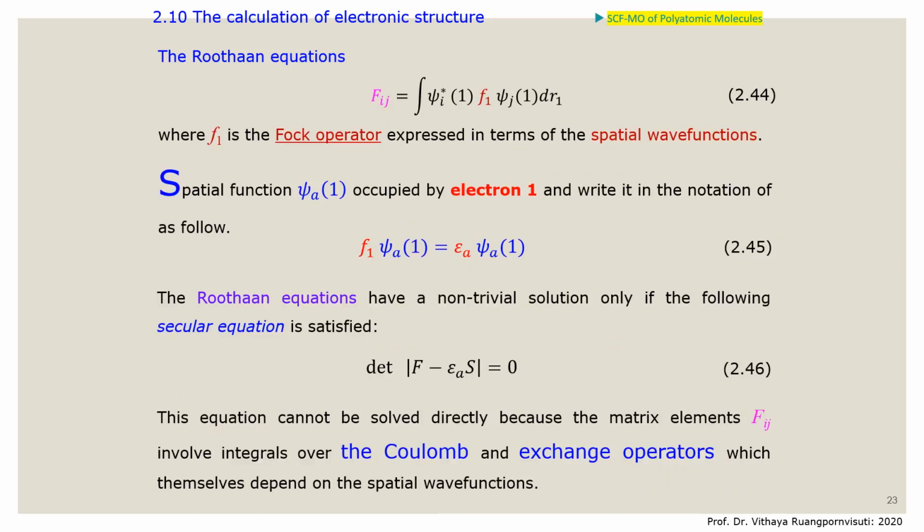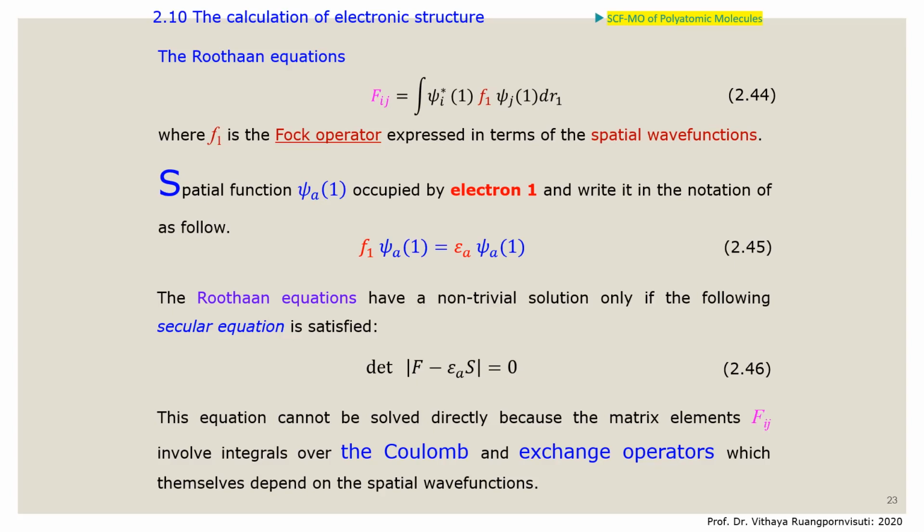The Fock elements can be computed from equation 2.44. F i j is equal to the integration over the position r1 of psi i star of electron 1, F1, psi j of electron 1, where F1 is the Fock operator expressed in terms of the spatial wave functions.